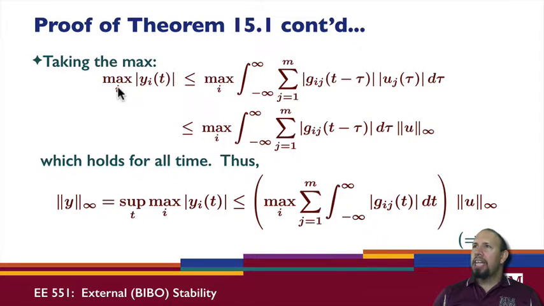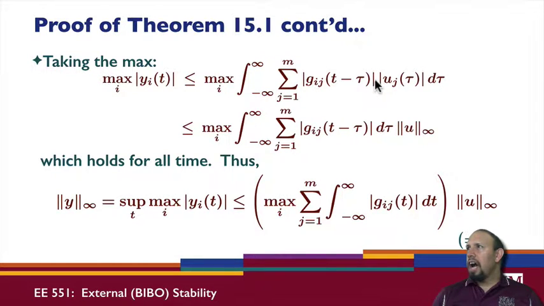And now I'm going to take the maximum value of this vector. That's really the infinity norm of this vector. That's less than or equal to this quantity, the maximum over i of this. So I've looked at all the rows, and now I'm looking at the maximum of all of those. I get this. This quantity is less than or equal to this quantity, where in the integral, here I have u_j of tau.